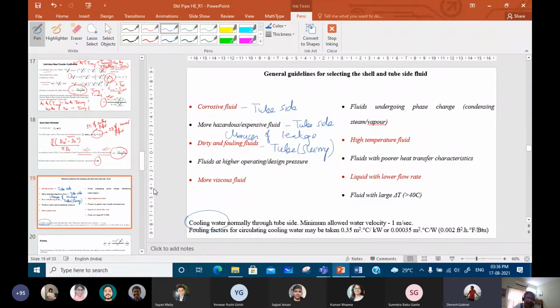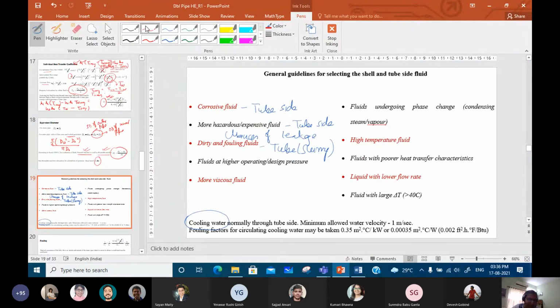Any specific reason for this? Ma'am, because if the diameter is more, it can take more pressure. You are forgetting one thing. The diameter of the shell is more, but the flow passage is not more, because there is a tube and it has to flow through the annular area. But anybody, any other opinion, and then I'll put my opinion.